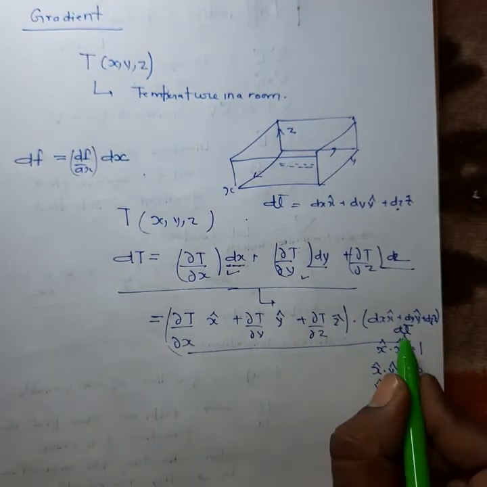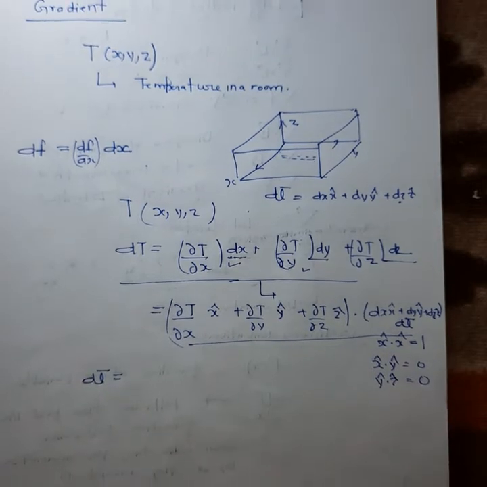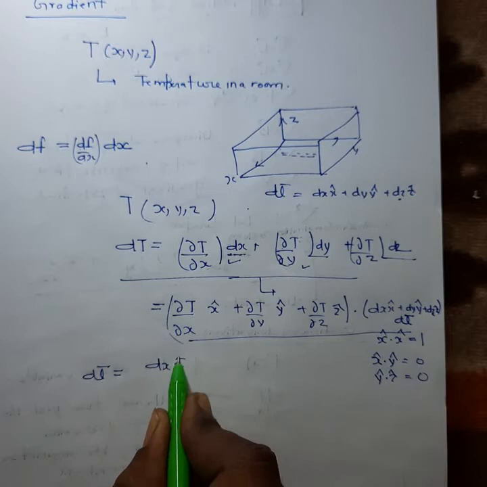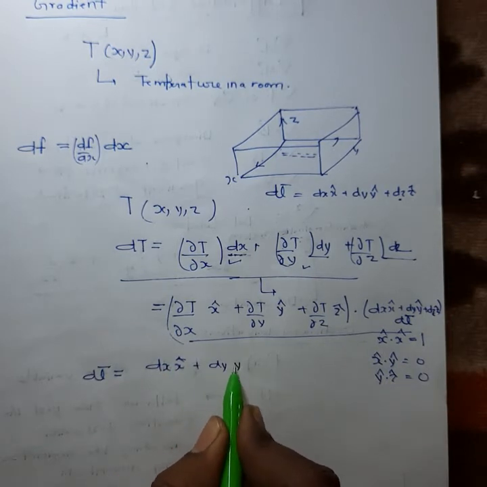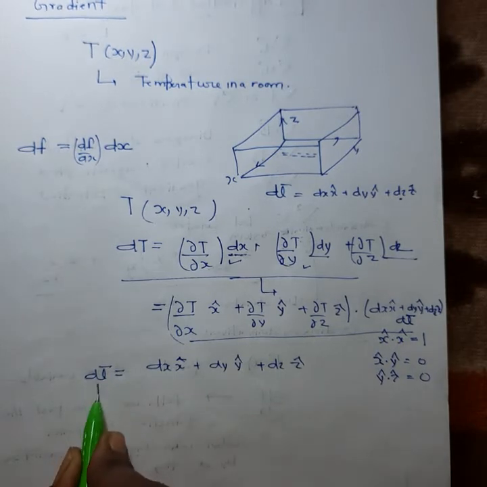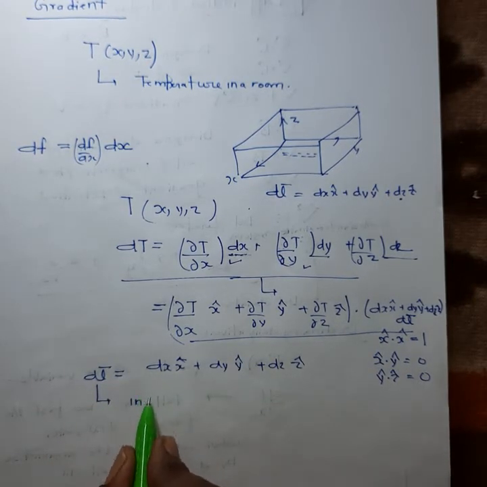So what is this? Let me write it again. dl vector is equal to dx x cap plus dy y cap plus dz z cap. This is called the infinitesimal displacement vector.